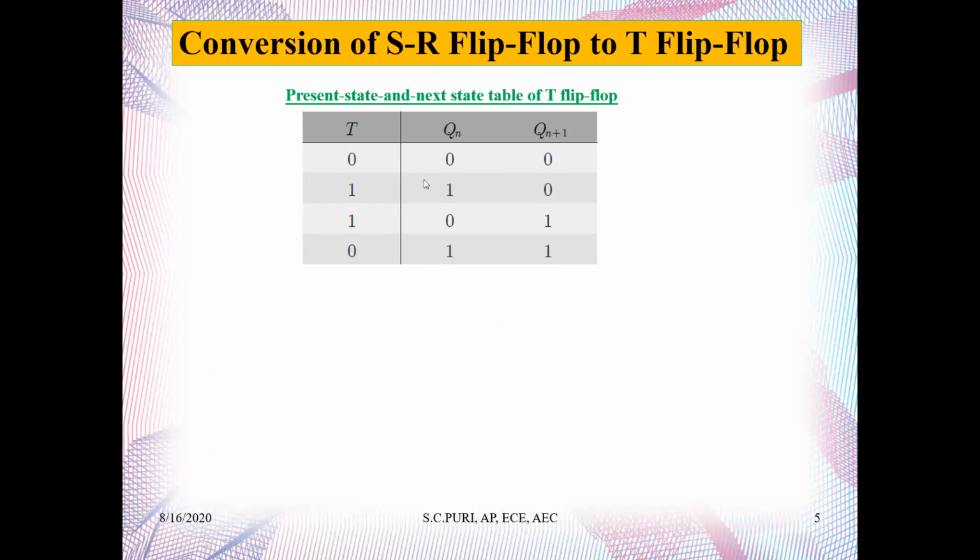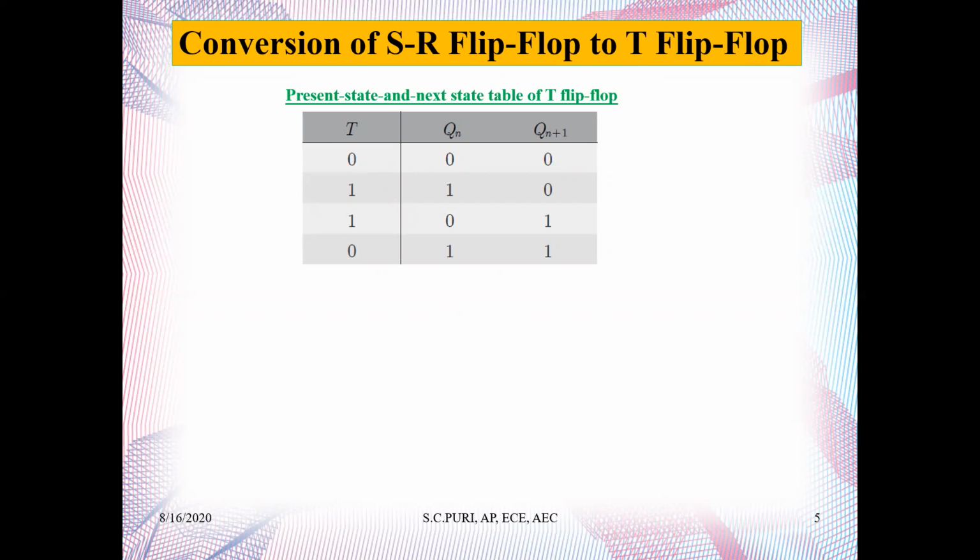Now, as you can see here, when T is 0, then what will happen? If Q1 is 0, Q1 plus 1 is 0. Because the T flip-flop works only in two modes. Either when T is 0, it is a no change condition, nothing will change, and the present state and the next state will remain the same. Or if T is 1, because it is a shorted JK, toggling will occur, then Q1 plus 1 is equal to Q1 bar.